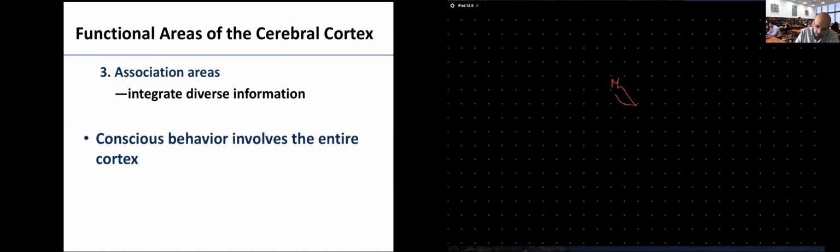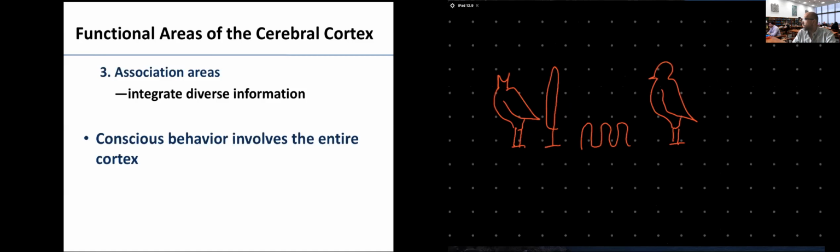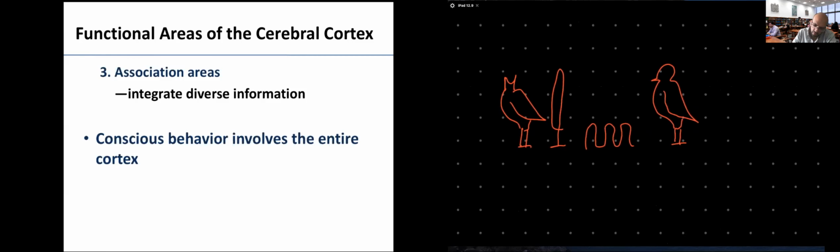So if I'm writing something down like this, can you see this here? Can you read what I did just right here?